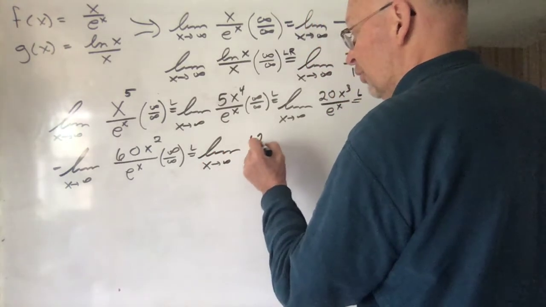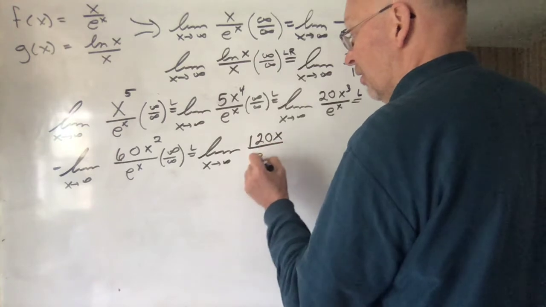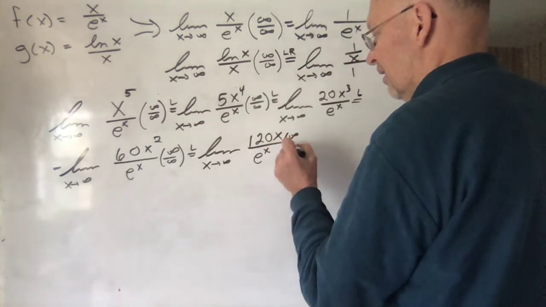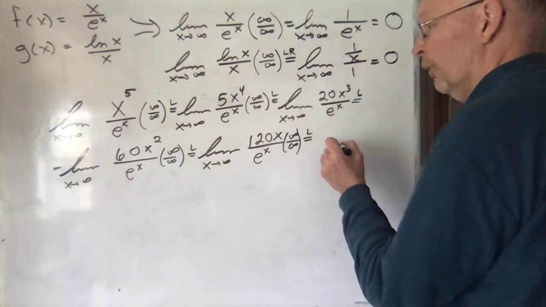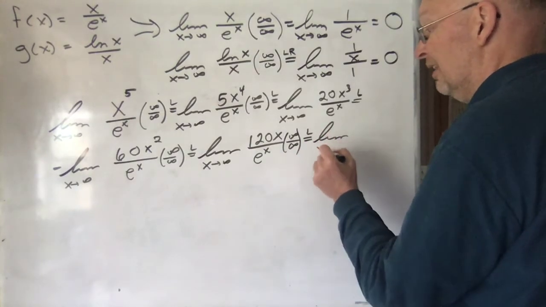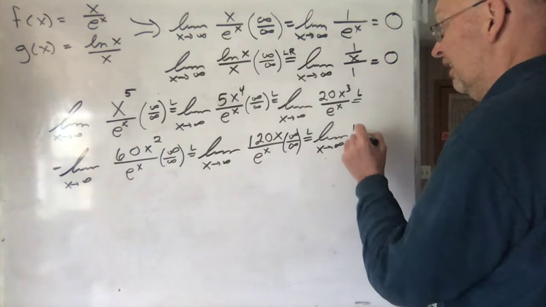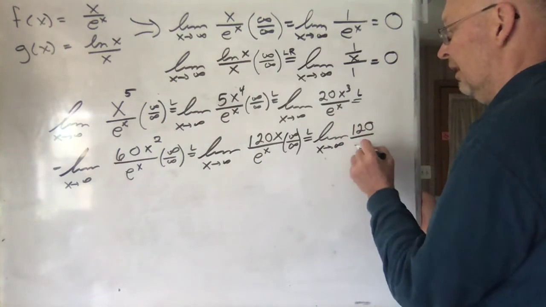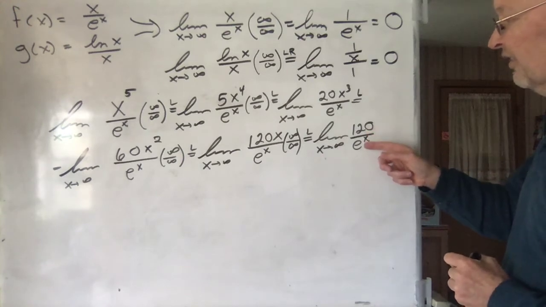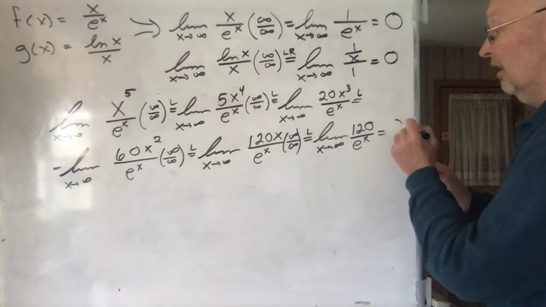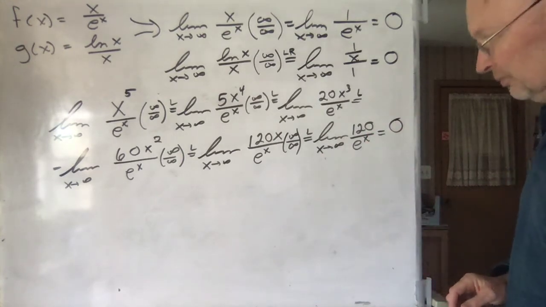Then you're going to get 120x over e to the x. Still both go to infinity. But now finally, when we do it one more time, we're going to get 120 on top, e to the x on the bottom, and now it's clear that this is staying the same, whereas this is getting big, so the ratio is going to 0.